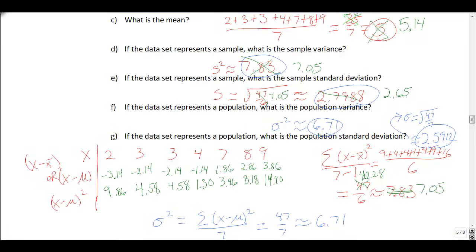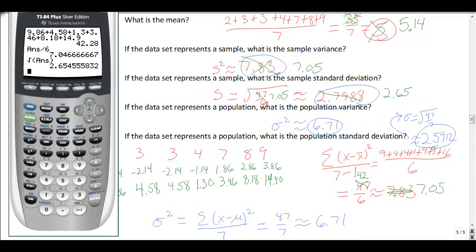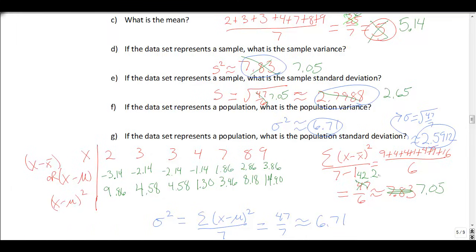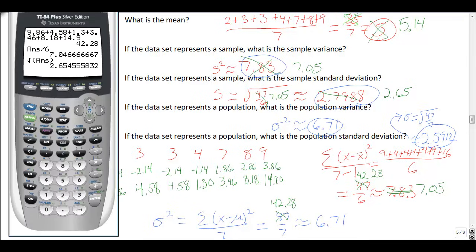And then our population variance, we're going to copy the 42.28. Clean that up because I'm misreading it already myself. So this is not 47, it's again 42.28.